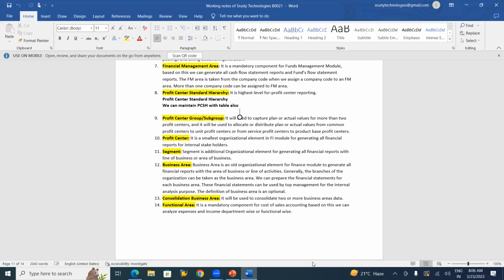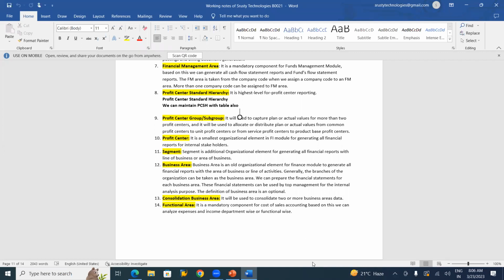The definition of business area is optional. Full stop. Under that, write down a note.